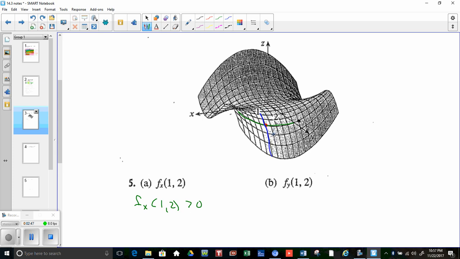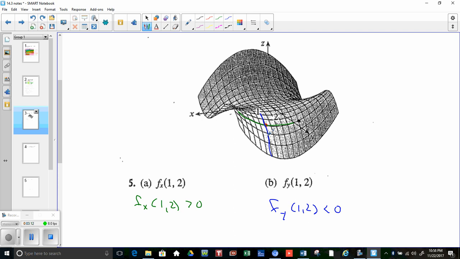It looks to be down. It's coming down this hill kind of off the surface here. So as y increases, as y is getting bigger here, it looks like the z value is dropping. So the partial derivative of the function with respect to y only looks like it is negative. The thing is sloping down.